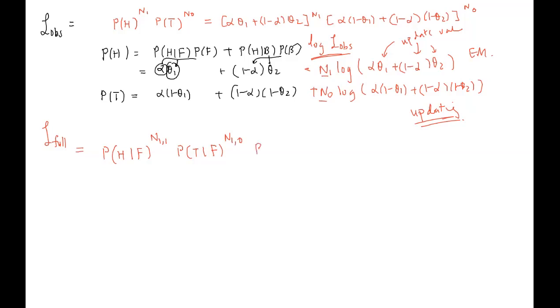And then you do the same for the biased coin, N21. Sorry, this is tail, B, and N20, okay? So these are your latent variables, right? You can't actually observe this, but you can write it down, right? This is as if the coin has an imaginary label that you can see.